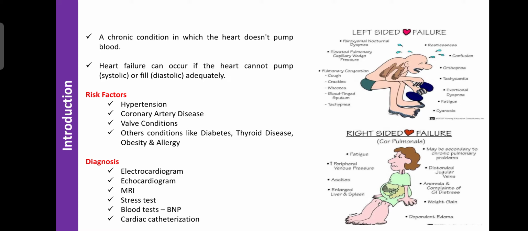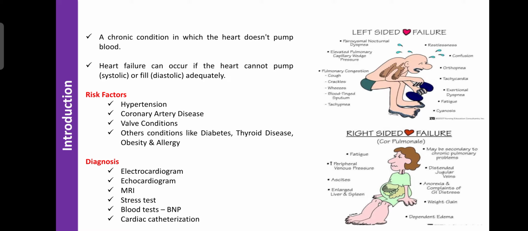So if these symptoms are present in your body, or your neighbor, parents or your patient, that indicates the left part of the heart may be failing or malfunctioning, and also pain in the left arm. If tingling pain is present in the left arm, that is also an indication of congestive heart failure.